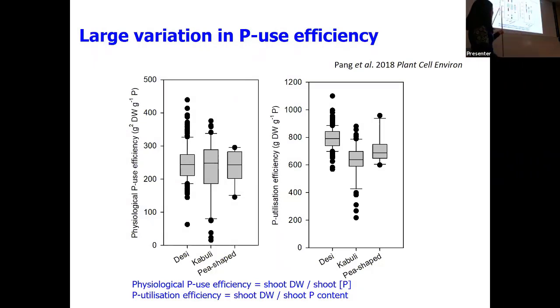Physiological P use efficiency and P utilization efficiency, both of them are actually the dry mass they could produce given a certain amount of phosphorus. Again, there are large variation among those genotypes.